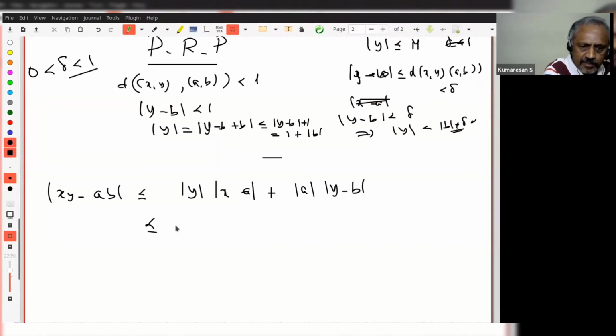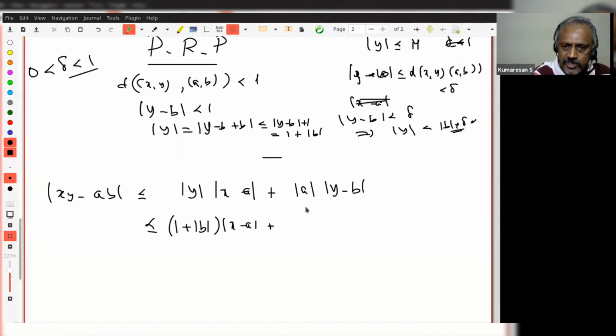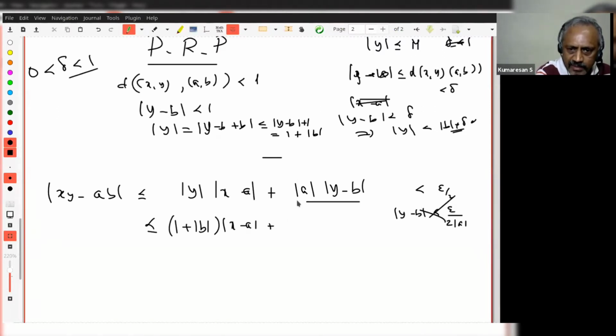This I can replace by 1 plus mod b into mod x minus a. And a, again, could be 0. I want this term to be less than epsilon by 2. That means I want mod y minus b to be less than epsilon by 2 times mod a. But again, a could be 0. So we will replace this by 1 plus mod a times mod y minus b.